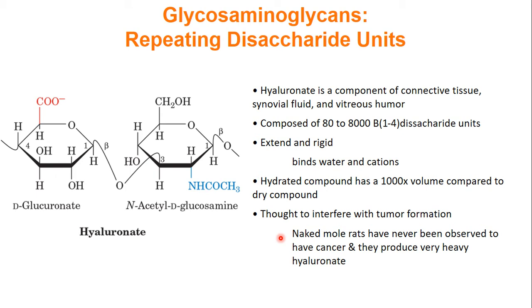And the reason why, or the hypothesis, is that they produce very heavy hyaluronates. They seem to be the only organism that does it, and they are the only organism we've really found that doesn't get cancer. So there's some kind of link between hyaluronate and cancer that we haven't quite figured out yet.